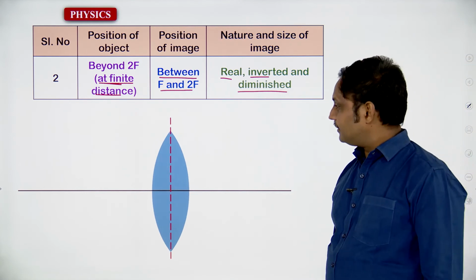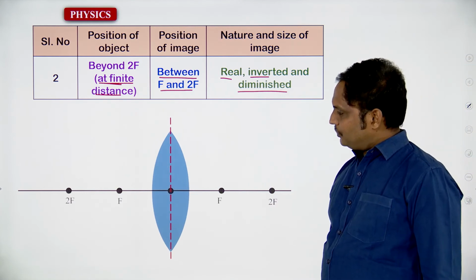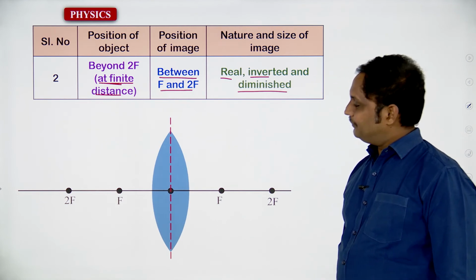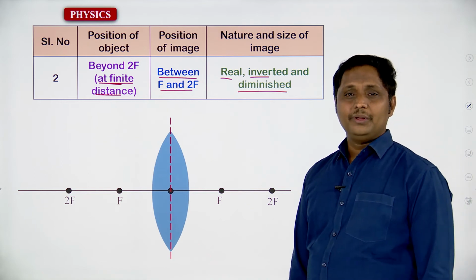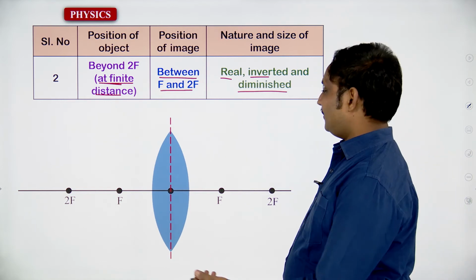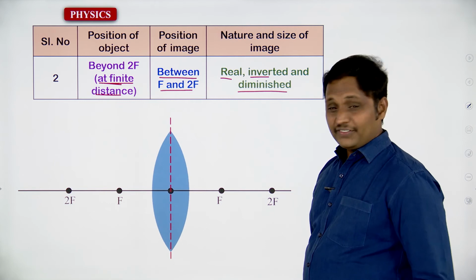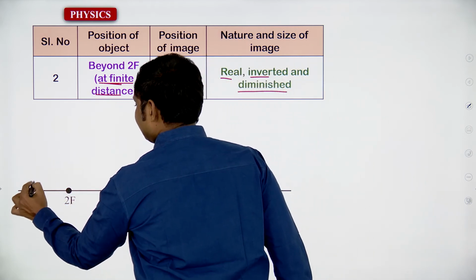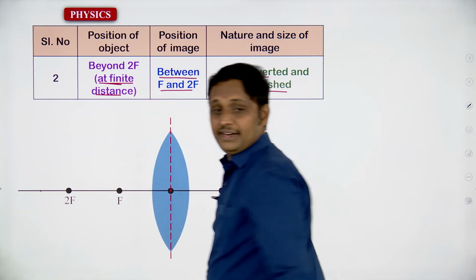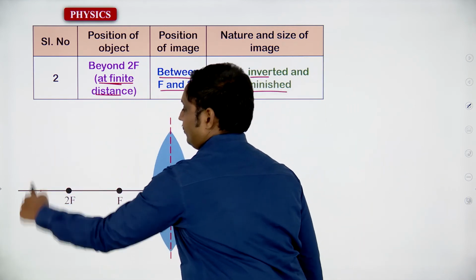All right, it's very clear. You have to define f and f, that is the first principal focus and the second principal focus. It's very clear. The presence of the object is from infinity to a finite distance.